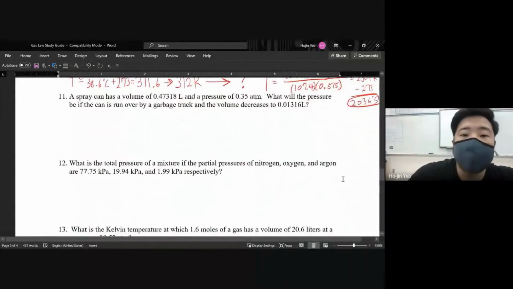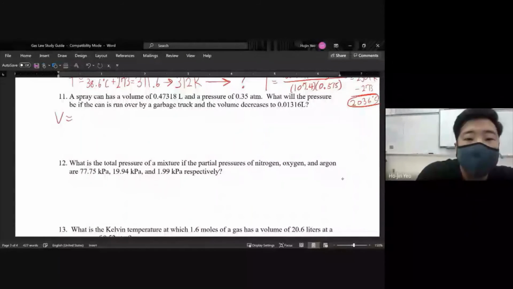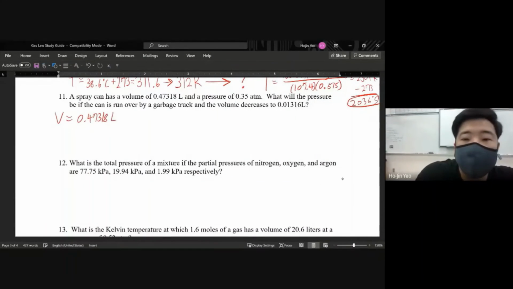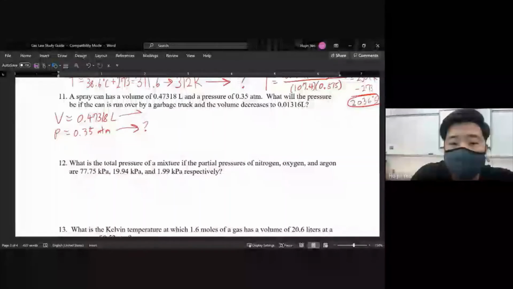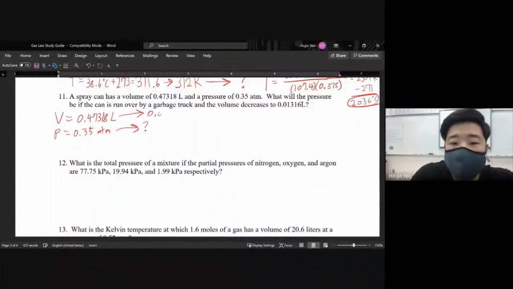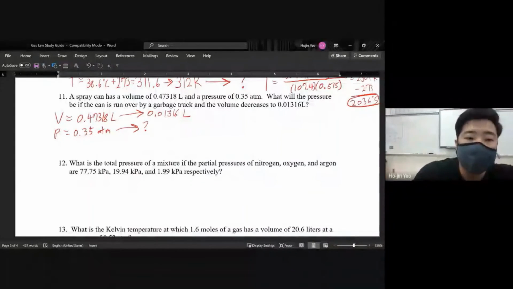Next, it says a spray can has a volume of 0.47318 liter, and the pressure is 0.35 atm. What is the pressure if the can is run over by a garbage truck and the volume decreases to 0.01316 liter?